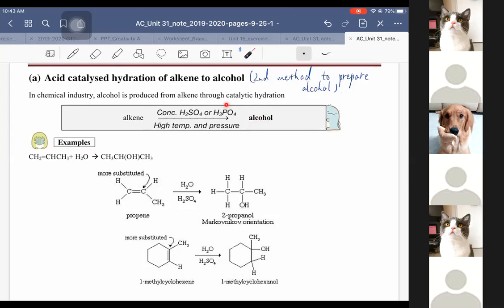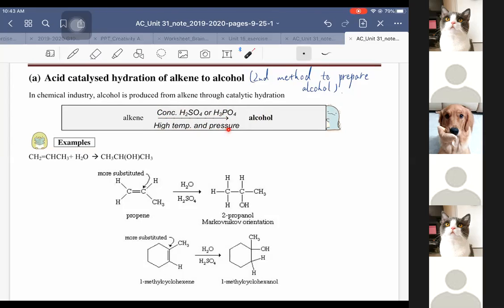The catalyst here can be concentrated sulfuric acid or concentrated phosphoric acid. And the condition you also need to remember, it only takes place at high temperature and high pressure.